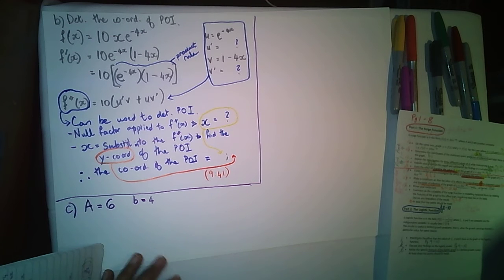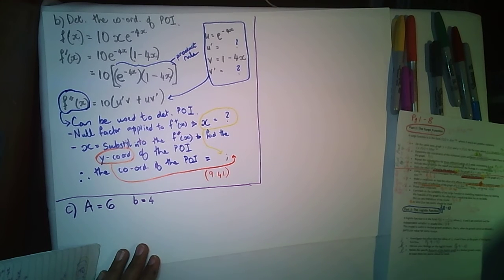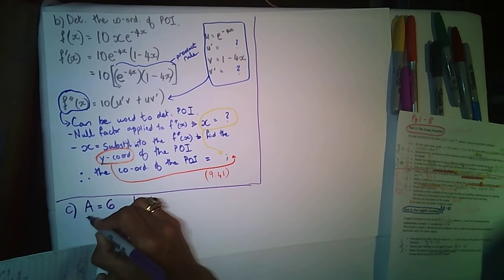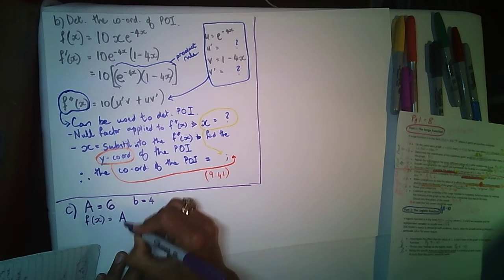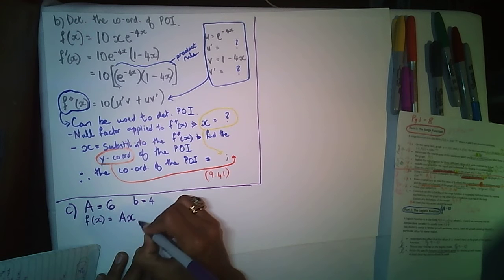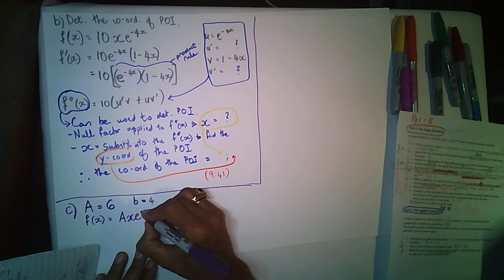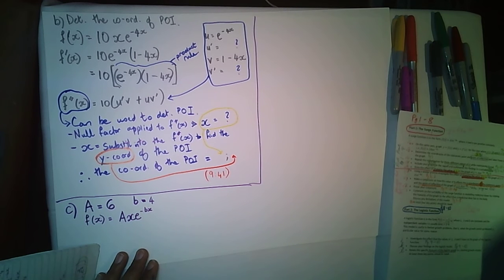We use exactly the procedure of finding the first derivative and later finding the second derivative. So now we've got our f of x, and our function looked like this, a x e to the power minus b x, and we've got our new a and our b, which is going to remain constant.